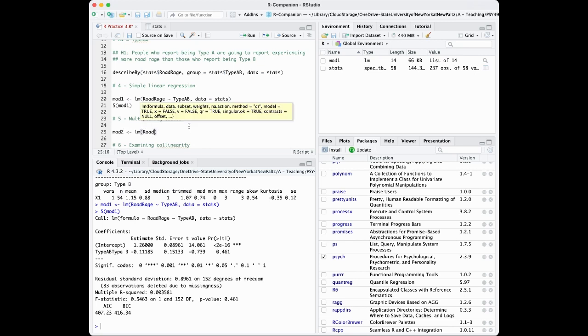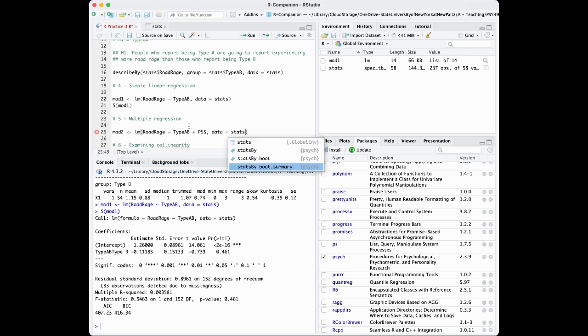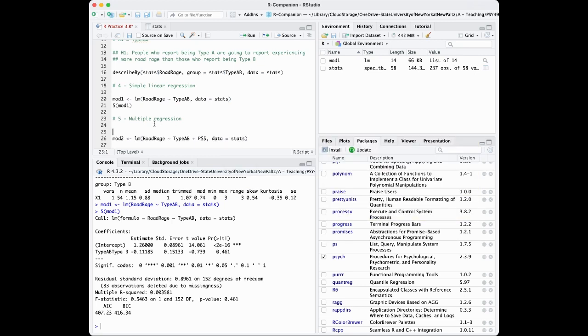Road rage as a function of type AB plus our new predictor, PSS, data equals stats. Before I hit go on this, I'm going to build in my second hypothesis.